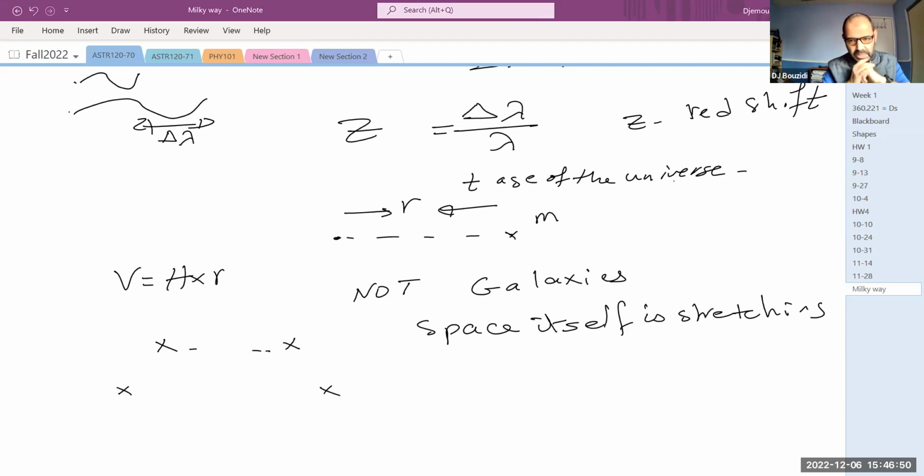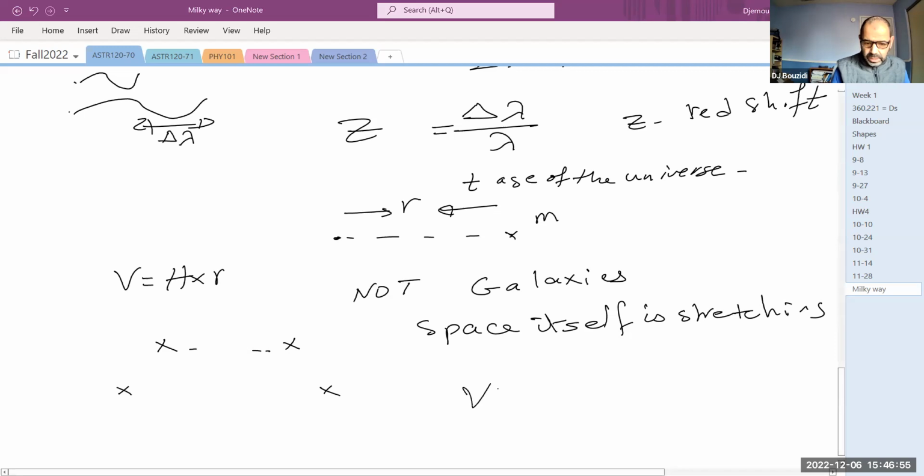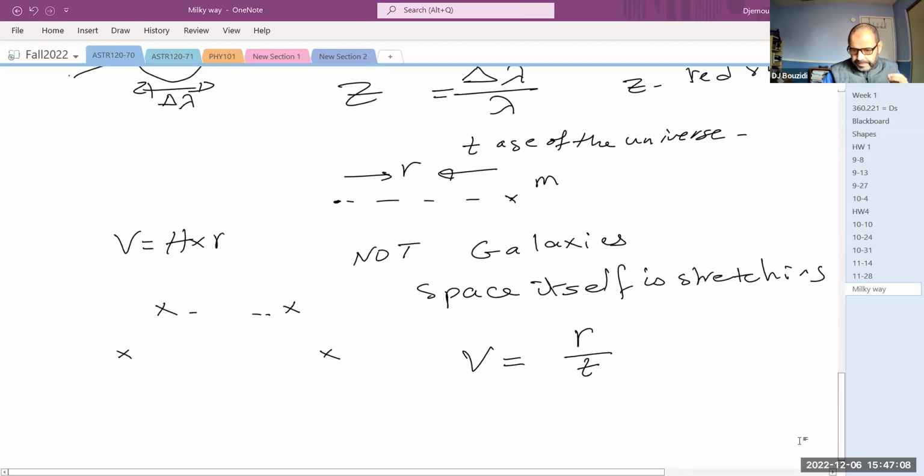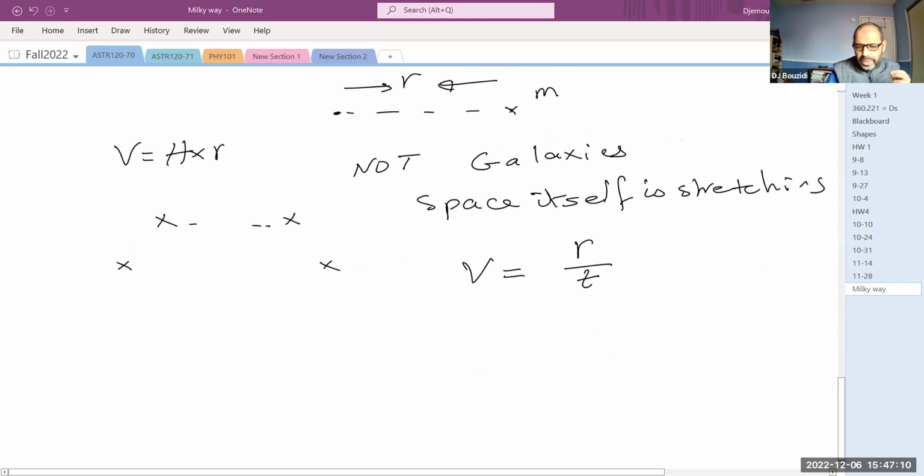So what we're trying to find is the age of the universe. Obviously, we can find the velocity as just distance over time. That's what the velocity is. The speed is distance over time. But we know that it is also equal to H times distance. This is from Hubble's law.